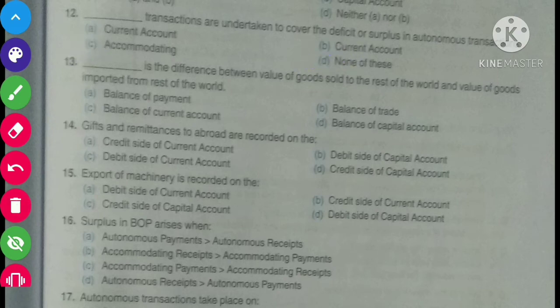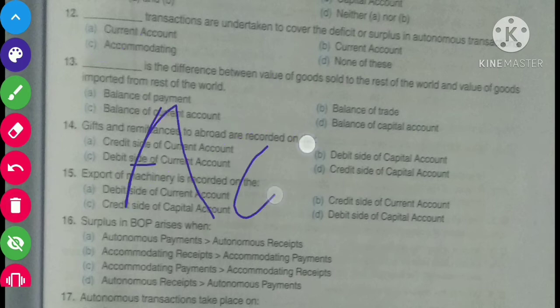Its correct answer is option C, accommodating transaction. Accommodating transaction means it is undertaken to cover up deficit or surplus in autonomous transactions.